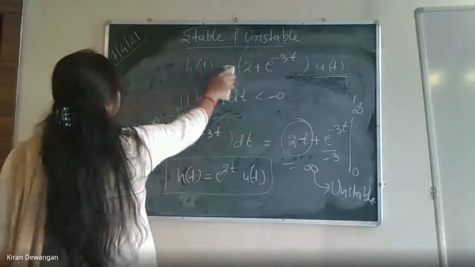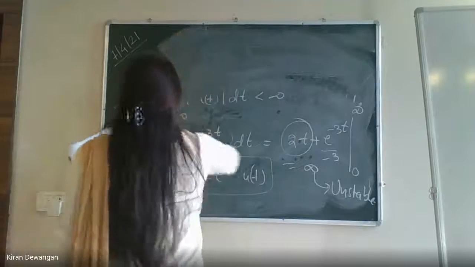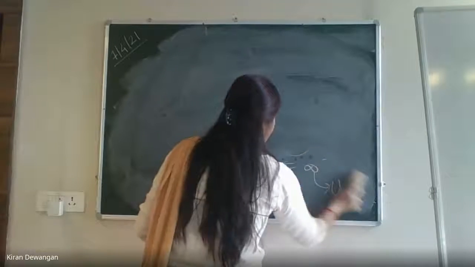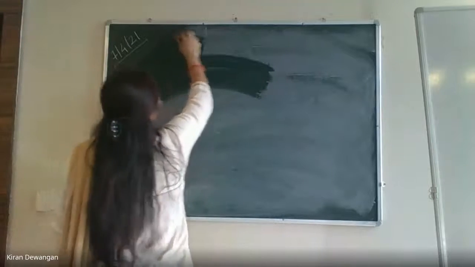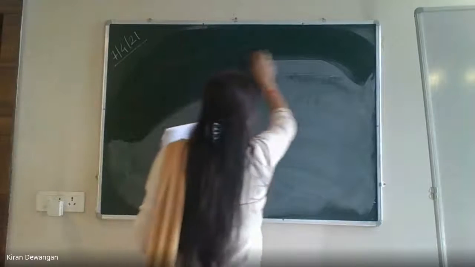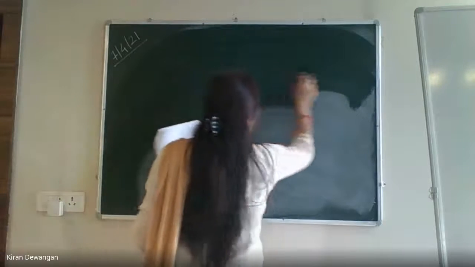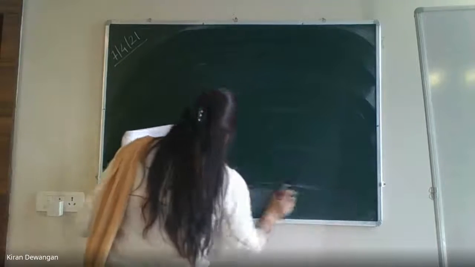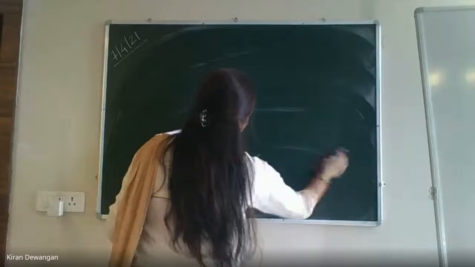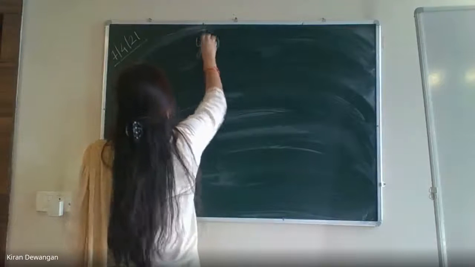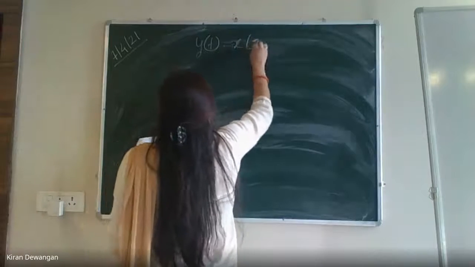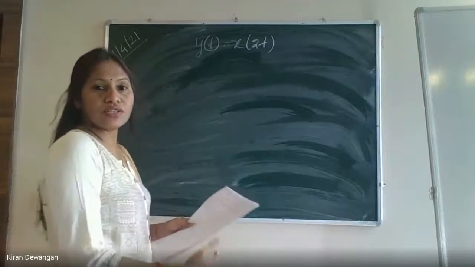Consider the system given by y of t equals x of 2t. Y of t is equal to x of 2t.